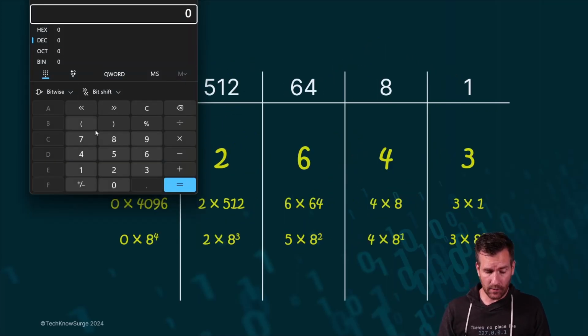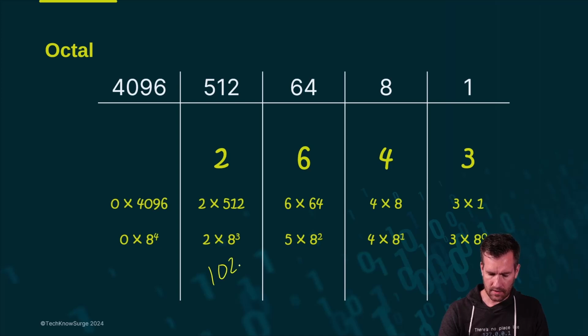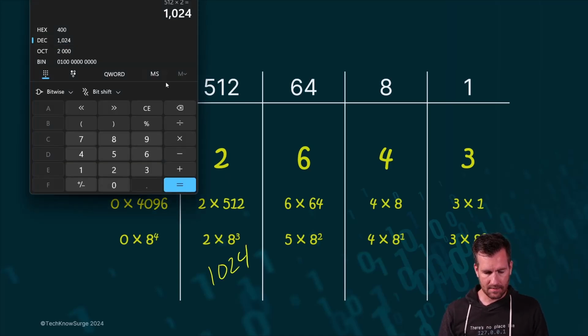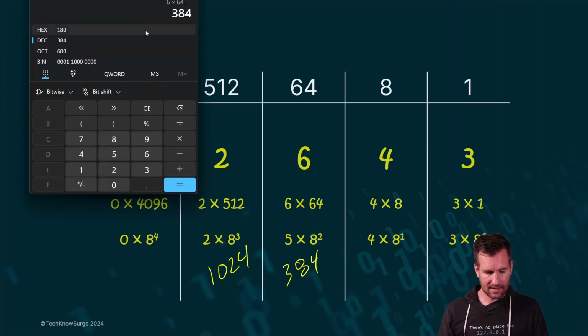So if we actually wanted to go through this, we could say 512 times 2 equals 1024 right there. And then we have 6 times 64, and that is 384. And then we have 4 times 8, which is 32.